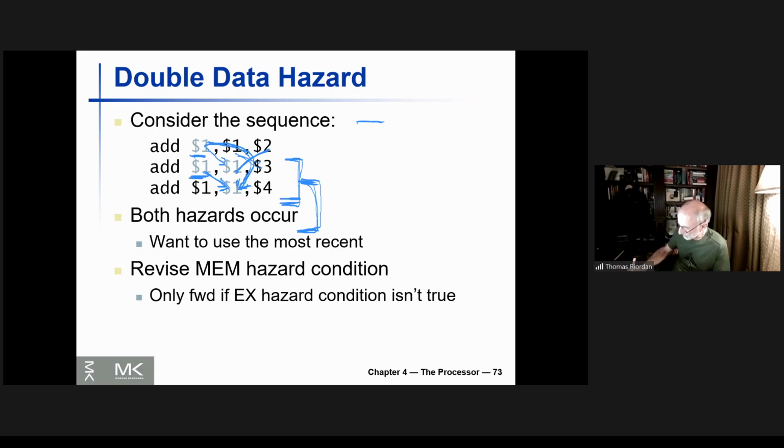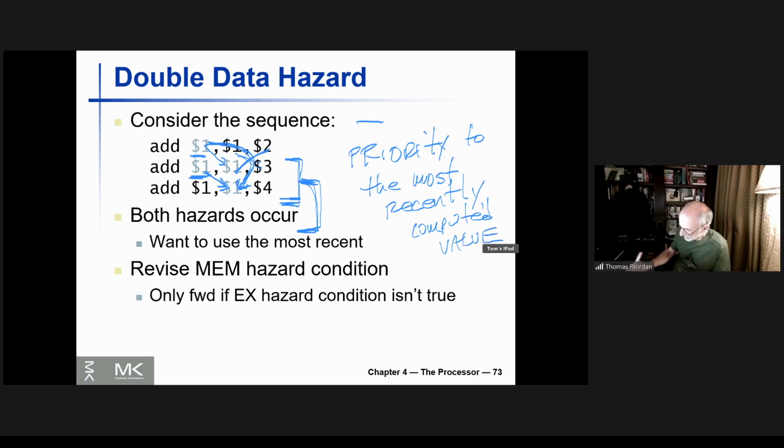So basically we have to give priority to the most recently computed value. And that's this value here, right? That was computed after this one. And so this is the value that we want to go to here. And again, we don't want this value to go there.